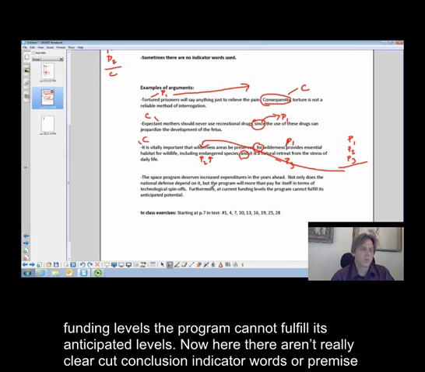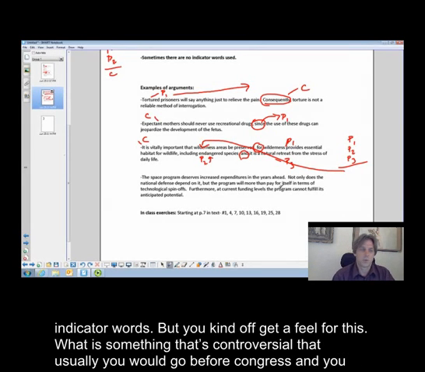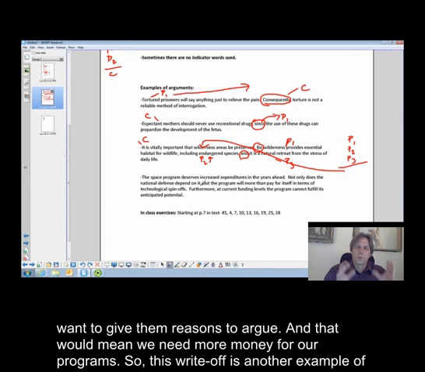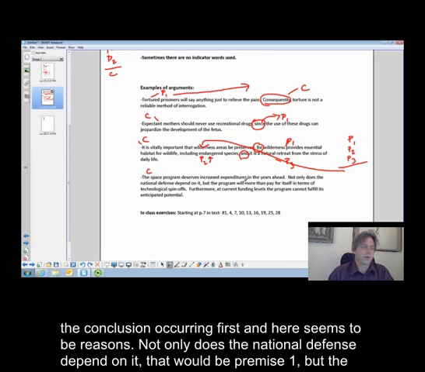Now here, there aren't really clear-cut conclusion indicator words or premise indicator words, but you kind of get a feel for this. What is something that's controversial that usually you would go before Congress and you want to give them reasons to argue, and that would mean we need more money for a program. So this right off is another example of the conclusion occurring first, and here seems to be reasons.